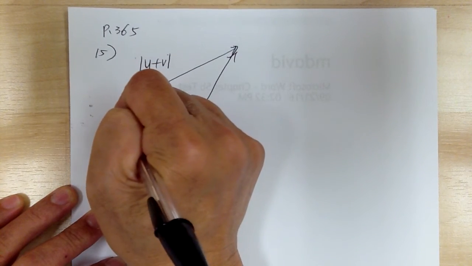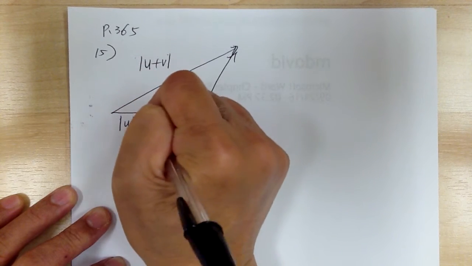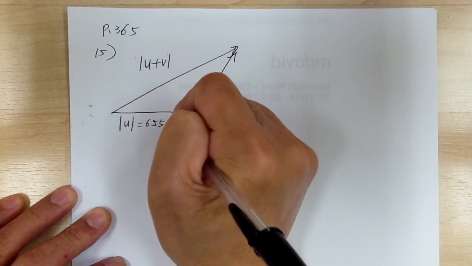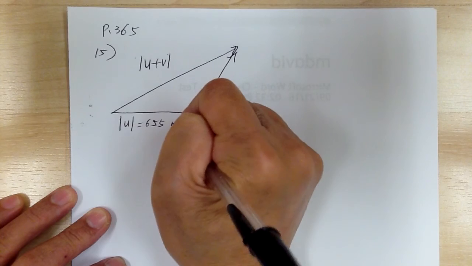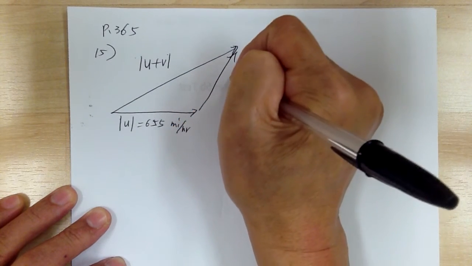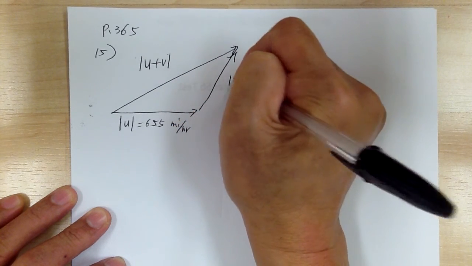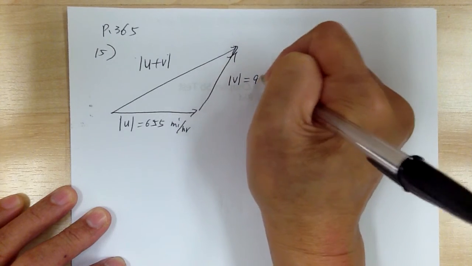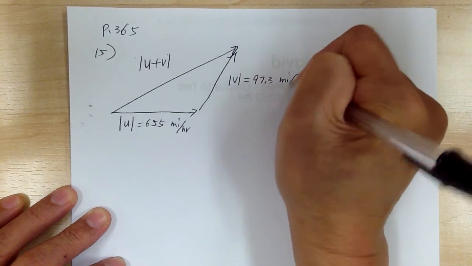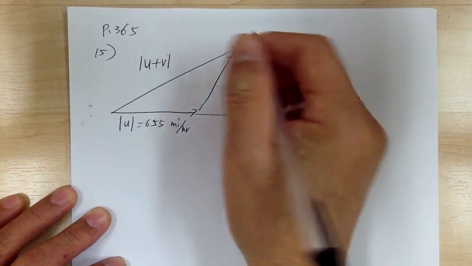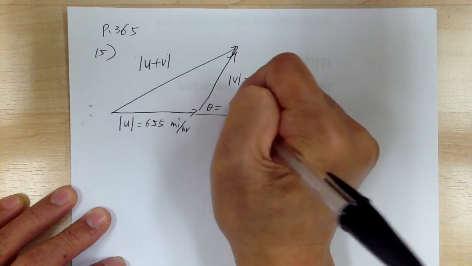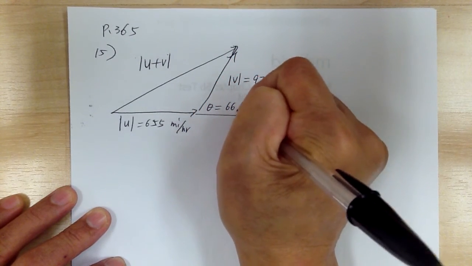This one is the u. The length of u equal to 655 miles per hour. And the length of v equal to 97.3 miles per hour. And it tells you that angle theta over here equal to 66.8 degrees.